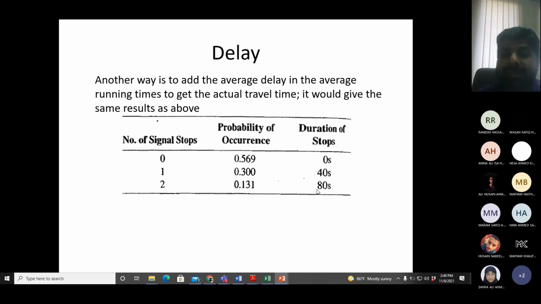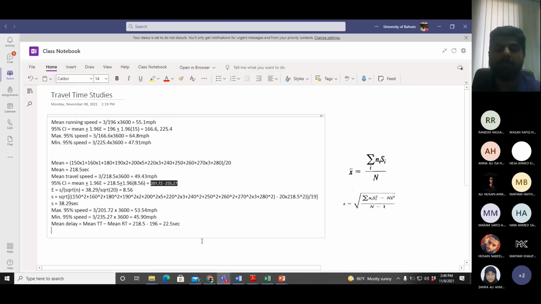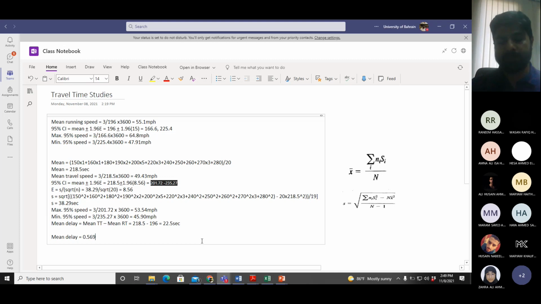How do I find out the mean delay using these values? I'll multiply the duration of delay with the probability of having that delay. So mean delay equals the probability, 0.569 or 56.9%, times the duration, which is 0.